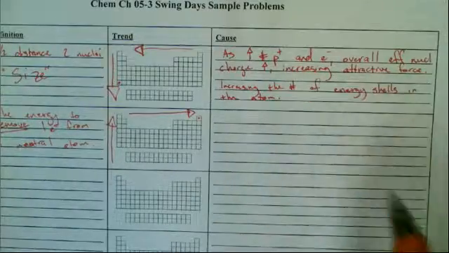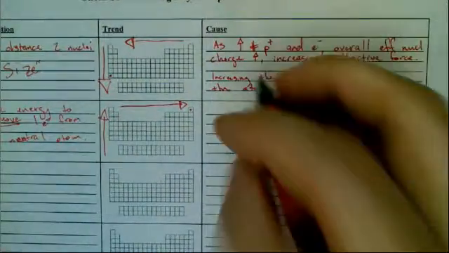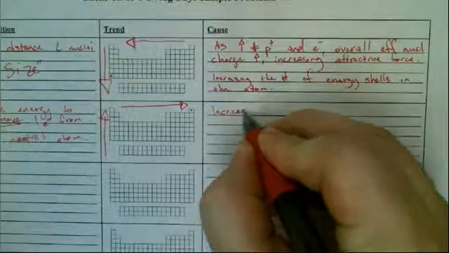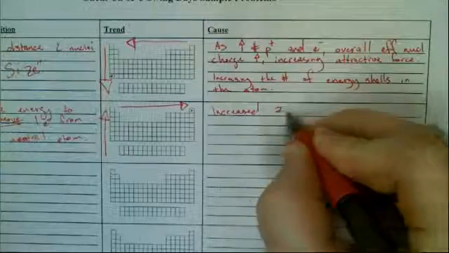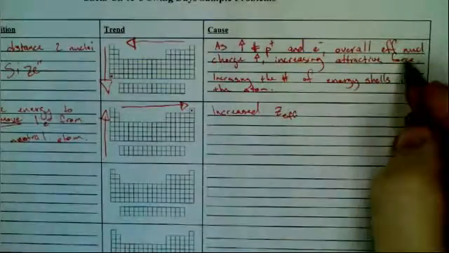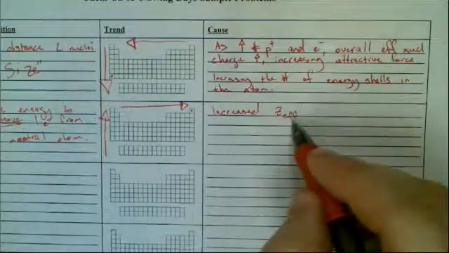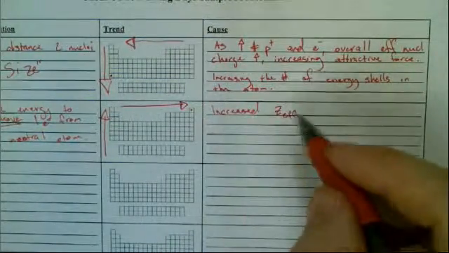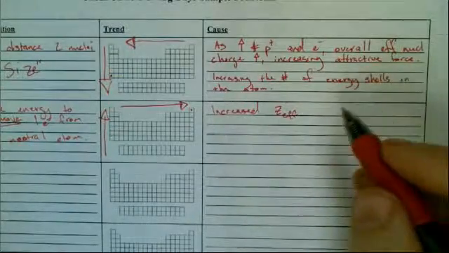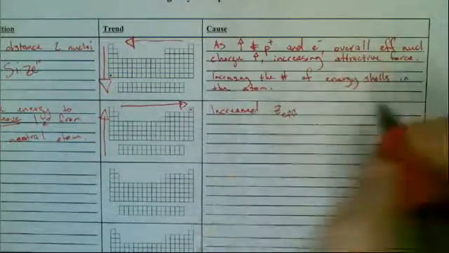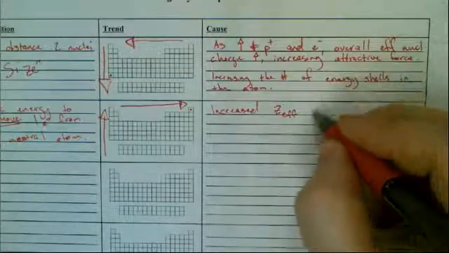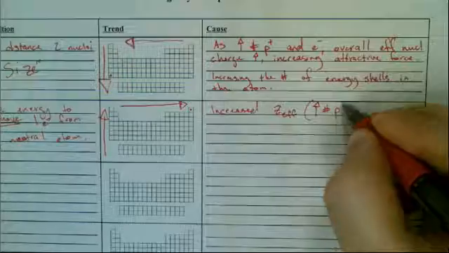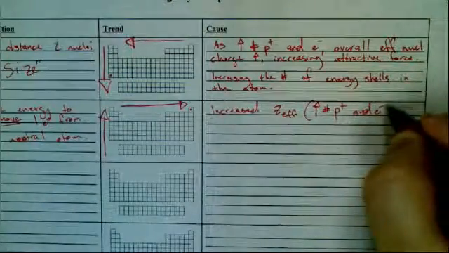Okay, the important information. You guys pointed to increased. This is actually the way you denote effective nuclear charge, Z eff. Z is very commonly the representative for nuclear charge. You're increasing the effective nuclear charge because of an increase in the number of protons and electrons.